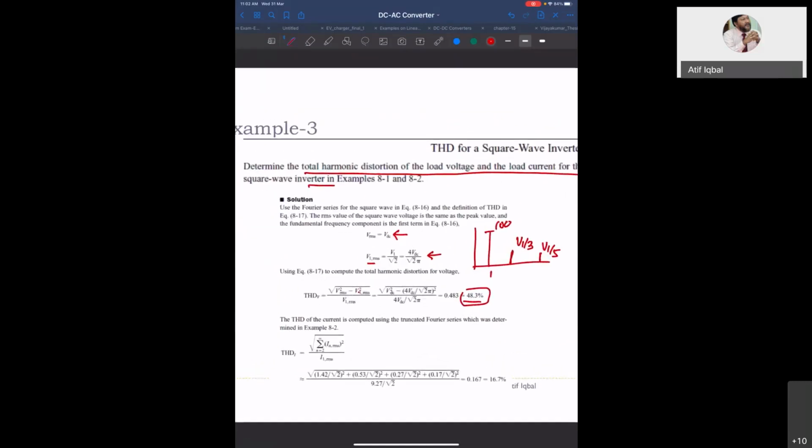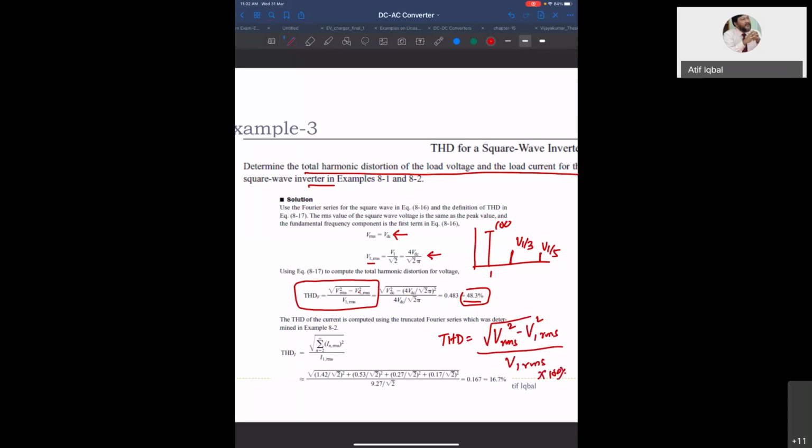In this example, we have calculated the total harmonic distortion. The total harmonic distortion in a voltage waveform is given by this relation: the square root of Vrms squared minus V fundamental RMS squared, divided by V1 RMS, multiplied by 100%.